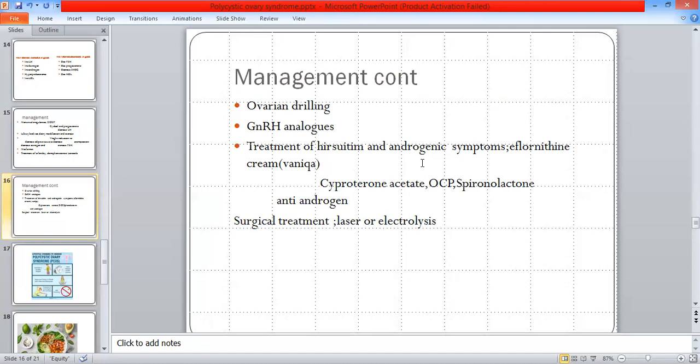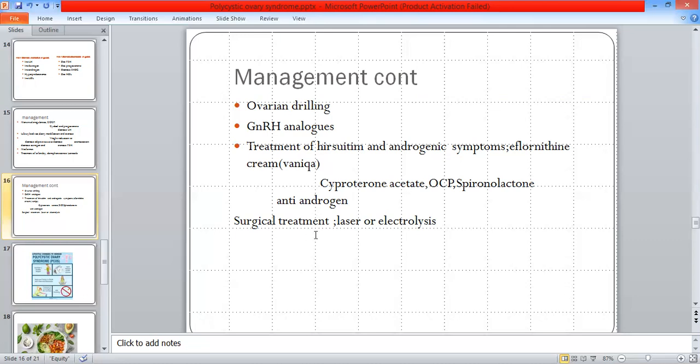And the second thing is cyproterone acetate, oral contraceptive pills, as I have told you, and spironolactone. These all are anti-androgenic drugs, and these anti-androgenic drugs are used for the treatment of hirsutism.